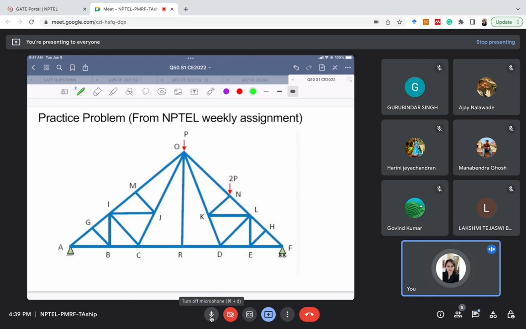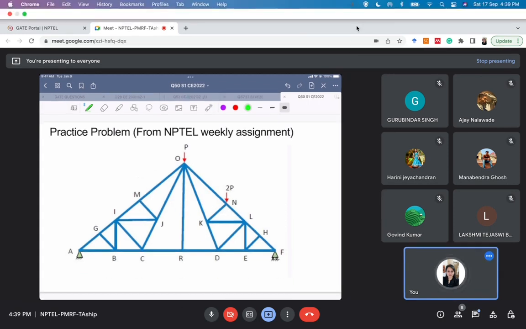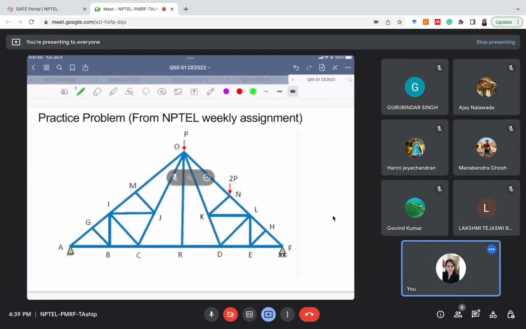Maybe try to identify some zero force members, and please write in the comments what members you got. Otherwise I'll do it for you. At least one member you all can identify each. You can write in the comment.